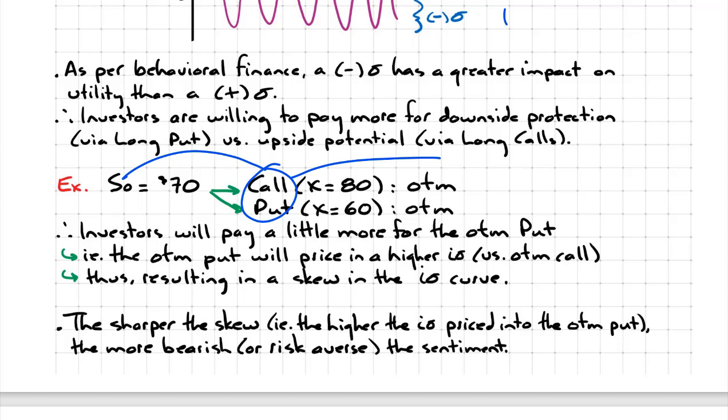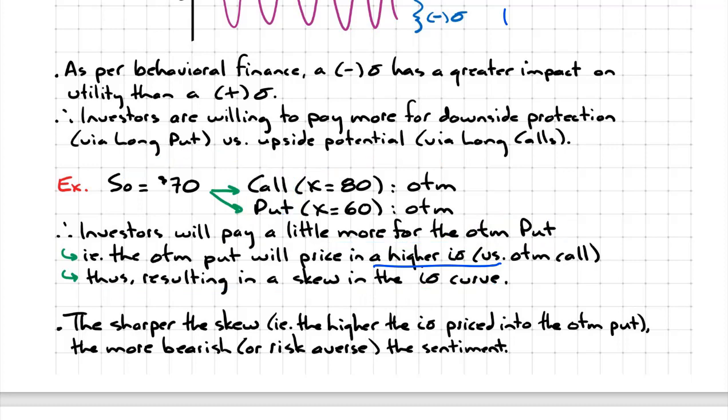What I'm trying to do is make a connection between the price of the option and the volatility that's being priced in. So by saying that investors are willing to pay a little more for the put, we're effectively saying investors are pricing in a little more volatility for the put. And this results in the skew in the implied volatility curve.